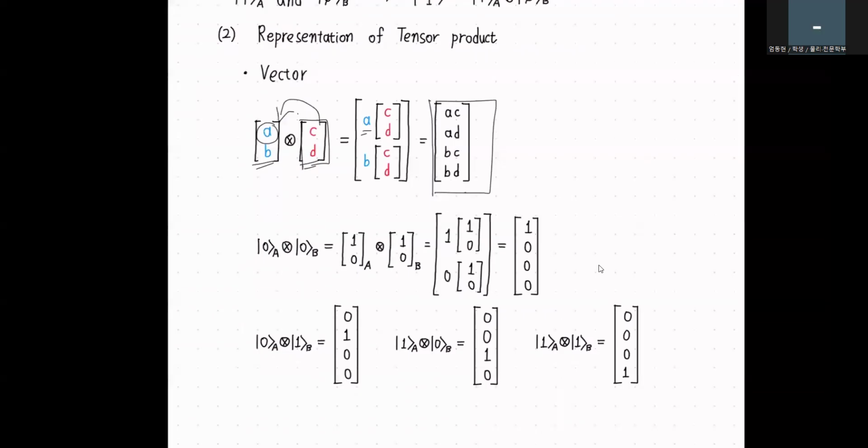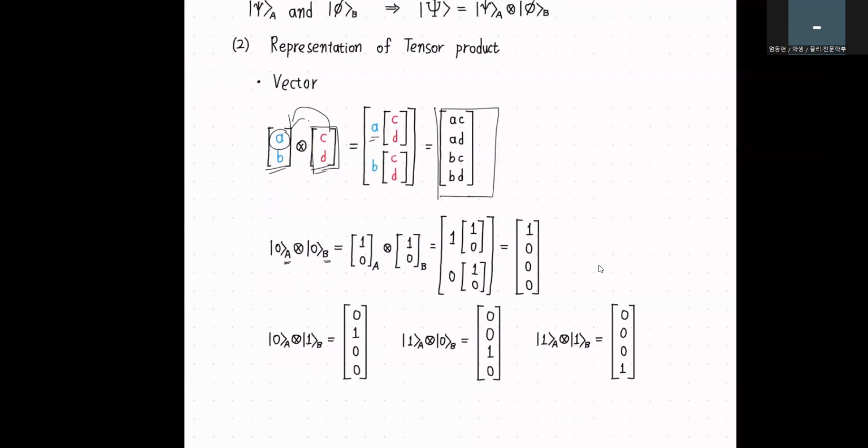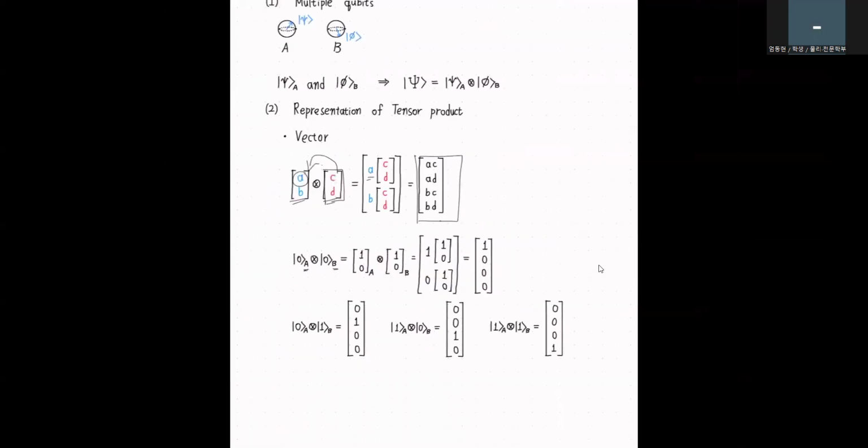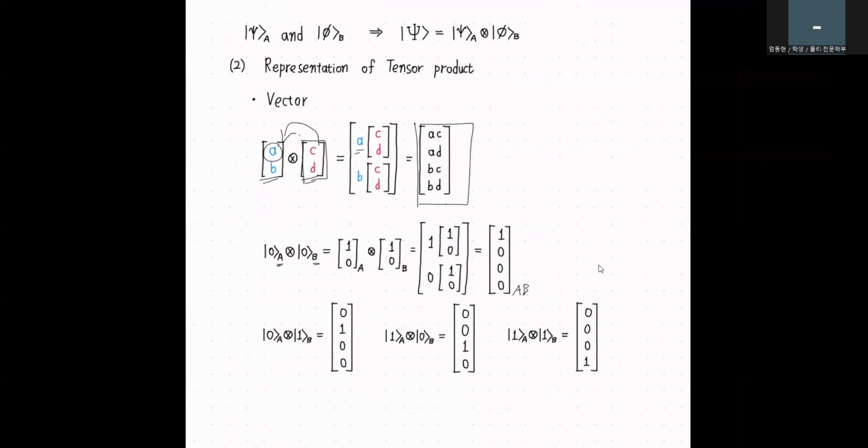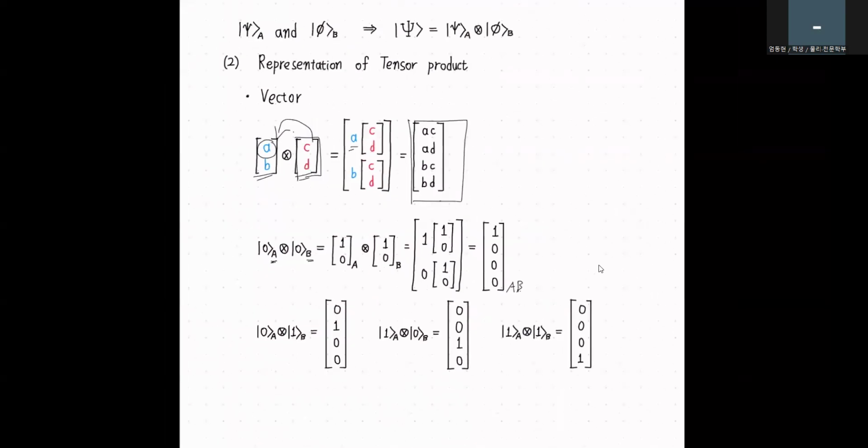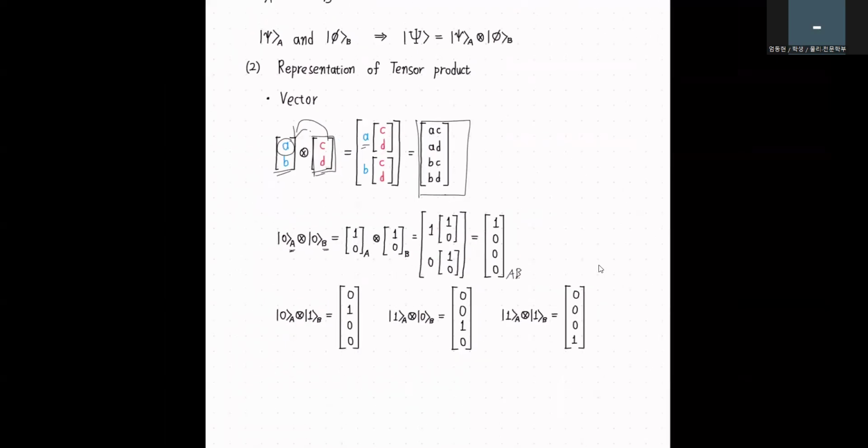Let's say we have two systems, two qubits, A and B, and they are both in the zero state. What would this correspond to in our AB composite state? Well, if we perform the tensor product operation I just showed earlier, we get this form, which roughly translates into 1, 0, 0, 0. And if we repeat this for different combinations, we start to see a pattern.